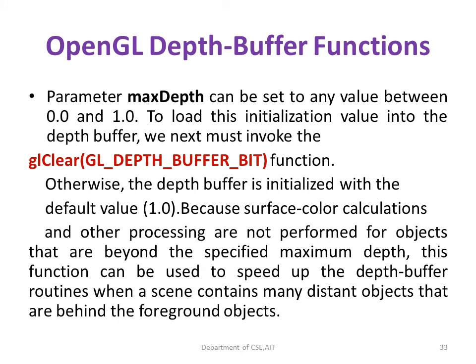If I want to initialize the values in the depth buffer, we have to make use of the API glClear with GL_DEPTH_BUFFER_BIT. If I am not going to initialize anything, the default value will be equal to 1. So there will be a depth for every object over here. This API glClear can be used so that the whole process can be done fast. Because the scene will consist of multiple objects, so many APIs here are going to support the rendering.